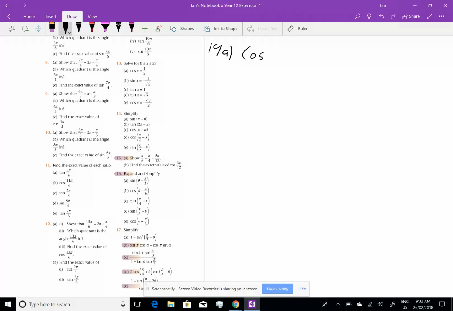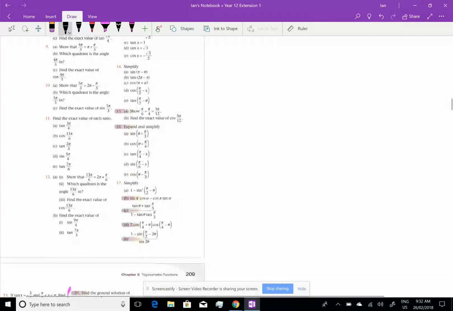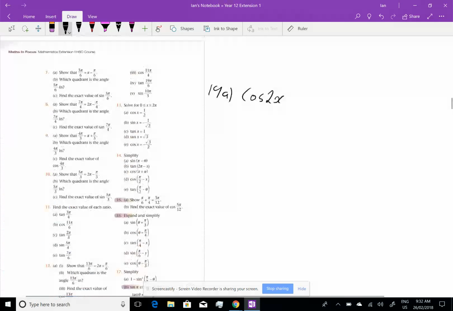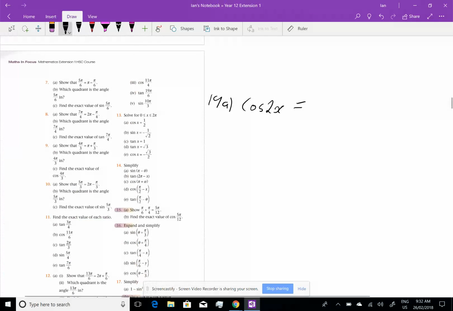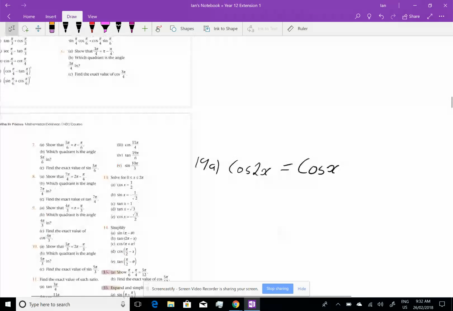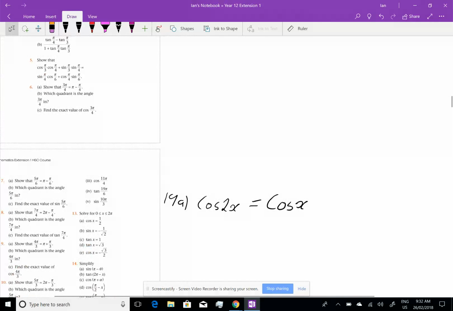Well, what I have to do first is express that cos 2x in terms of just a single x. So I'm going to use this formula, cos 2x equals cos(x plus x).